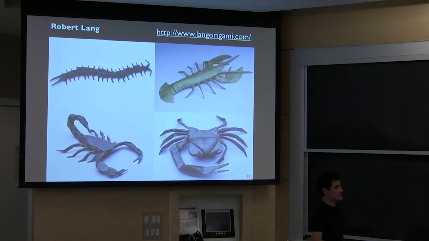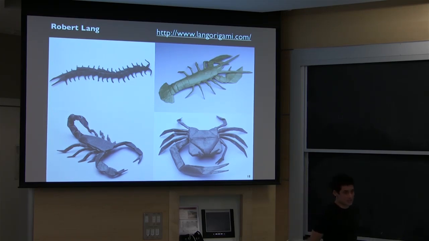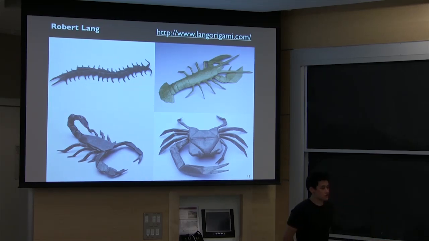And the exactness to which we can specify the tree is phenomenal. For example, the scorpion here is a subject Robert Lang has approached many, many, many times. This is a design that I particularly like. It's very clean in its folded and structural forms.